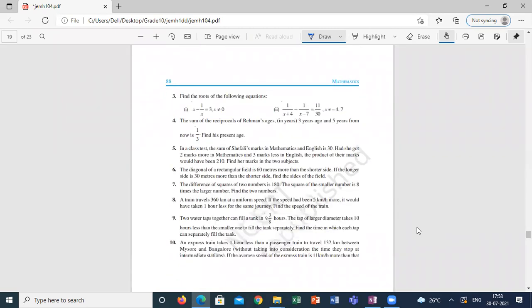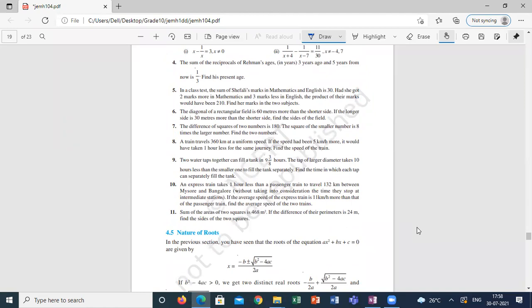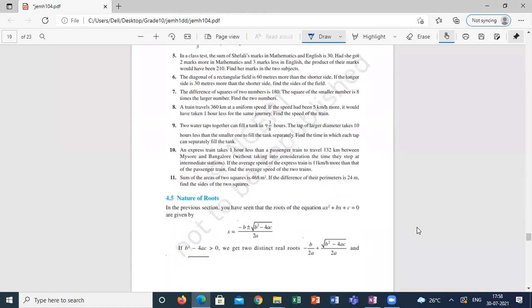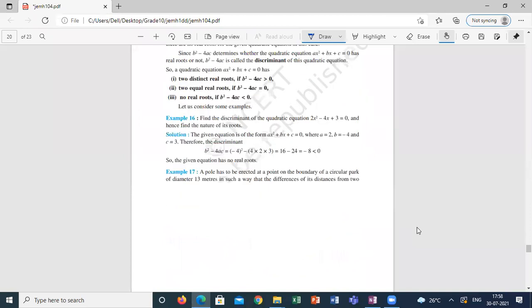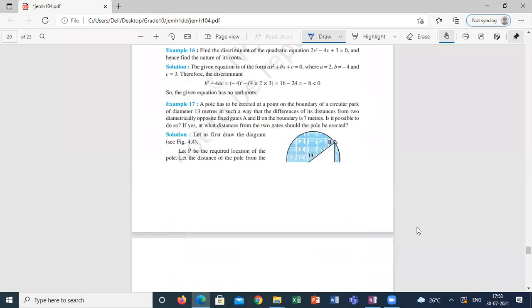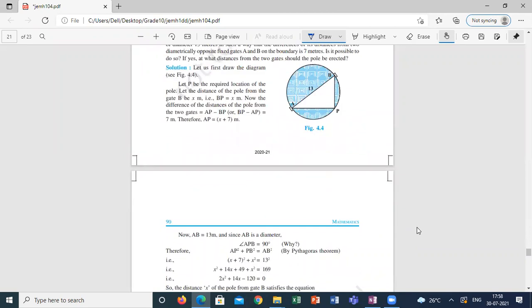Based on this, we have so many situations. Sometimes they will give one situation and ask whether this situation is possible or not. How will we know whether a given situation is possible or not? Frame the equation for the given situation. If the discriminant of that quadratic equation is positive, then it is a possible situation.